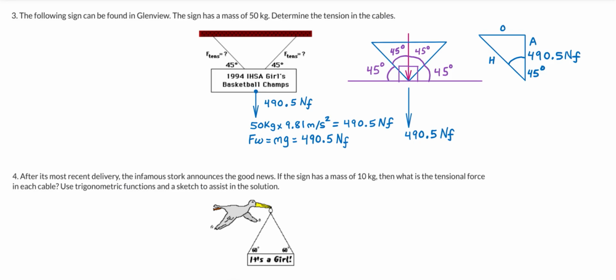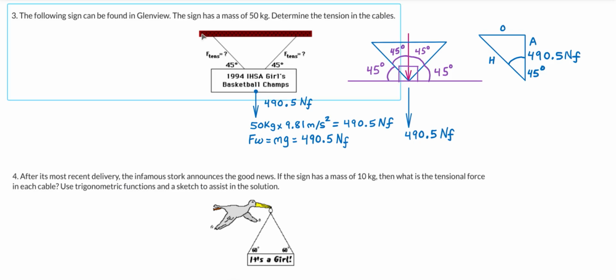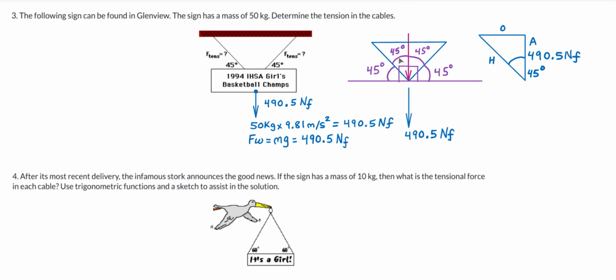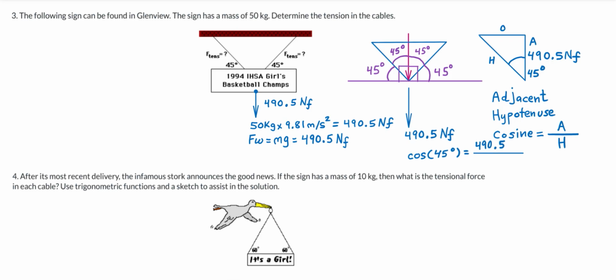Adjacent, and then we need to know the tension of this cable here, so that is the hypotenuse. Adjacent and hypotenuse. So AH, A divided into H, that's cosine. And the same process, once again, we'll just flip these around.